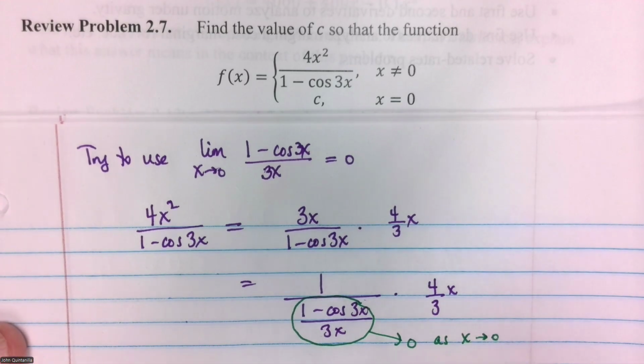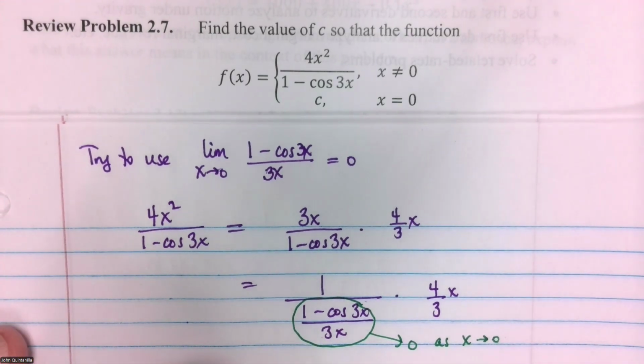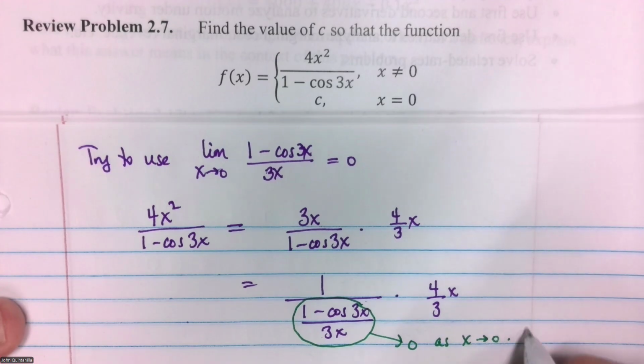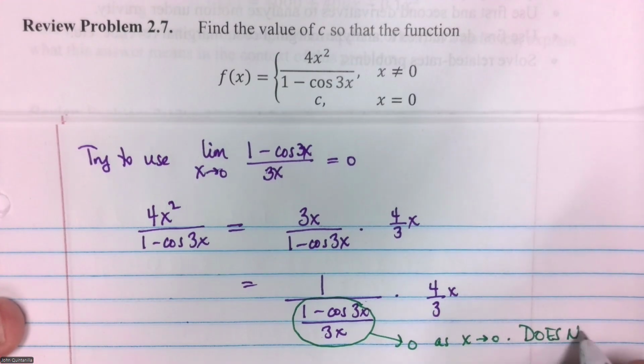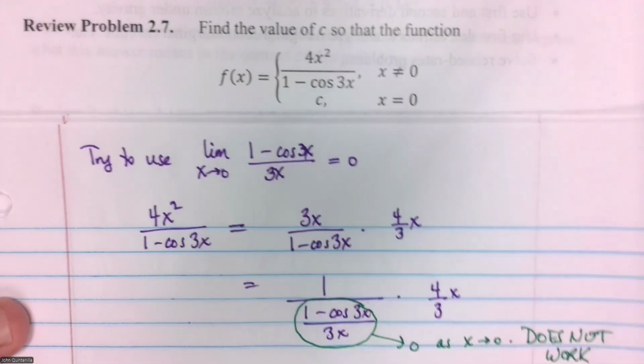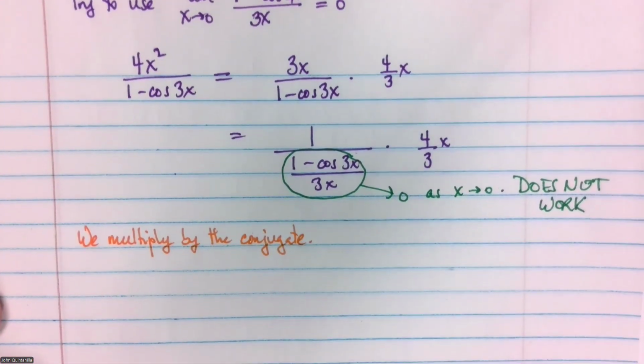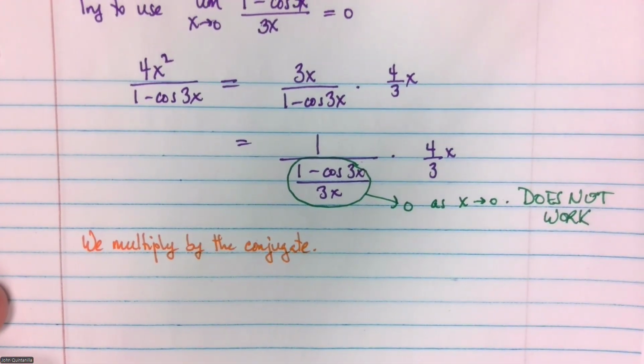What does work is multiplying by the conjugate. Let me emphasize, the approach that I have in purple does not work. Instead, what we'll do is multiply by the conjugate.